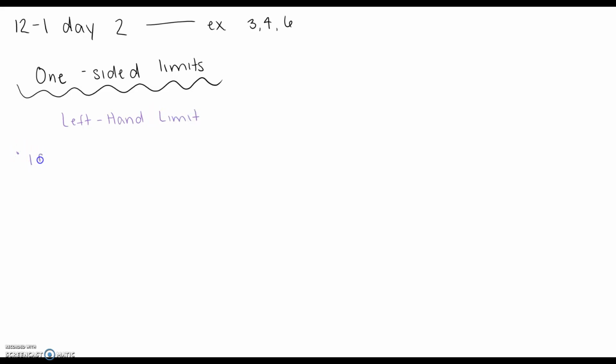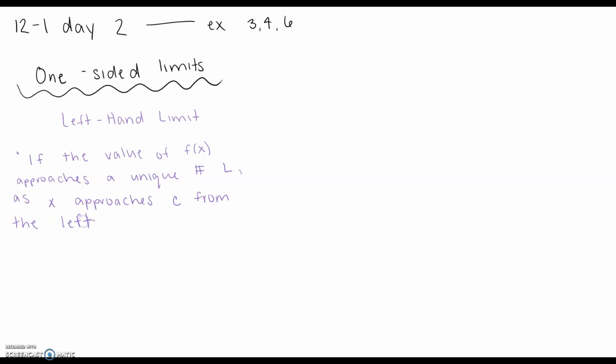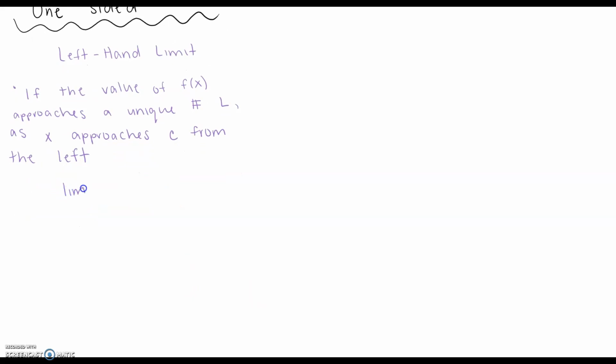So essentially, if the value of f of x approaches the unique number L, so we're just going to label it L, as x approaches C from the left, then that would be written the limit as x approaches C, but we need to make sure we're saying from the left, and left values tend to be negative, so we have a negative when we're talking about something to the left.